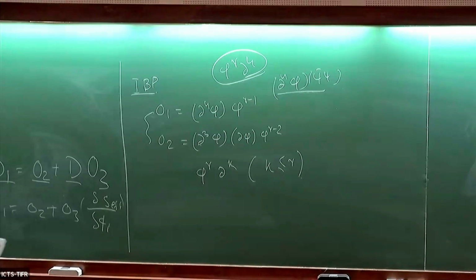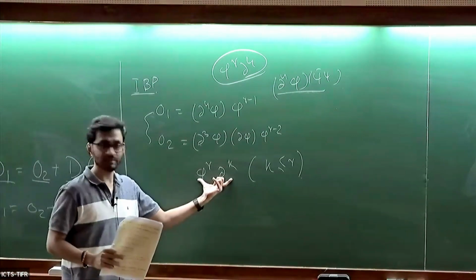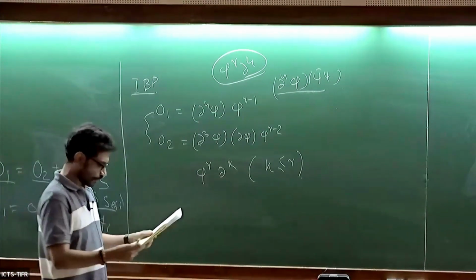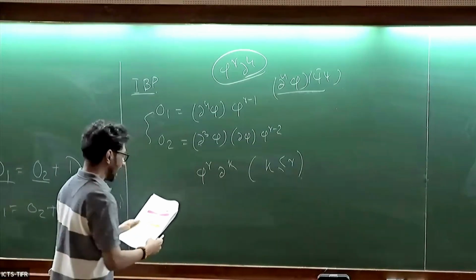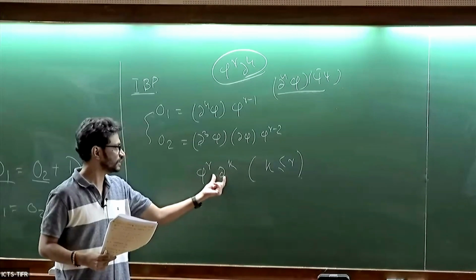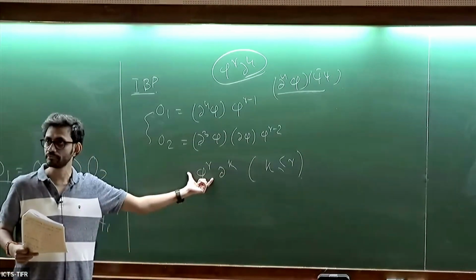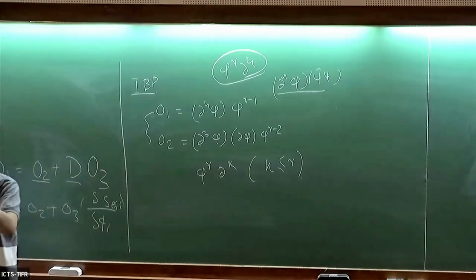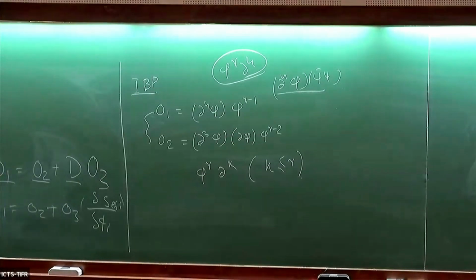So now, if I have this kind of operator, I can partition the k number of D fields within this r number of phi fields, and I can saturate up to this r term. The maximal saturation is when k equals r; beyond that I can write down a total derivative kind of term.